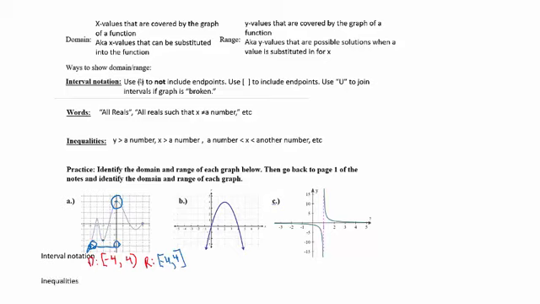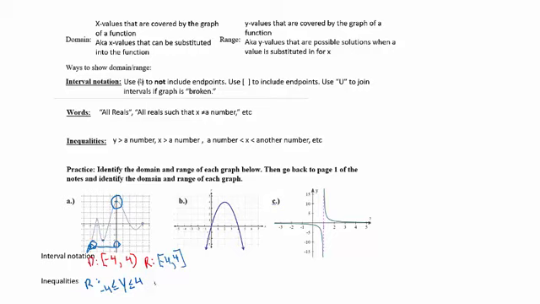If we wanted to use inequalities, we'd write something like this. So for our range, any y that is less than or equal to 4 and greater than or equal to -4 is shown by the graph. So all y values between here are represented somewhere on the graph.